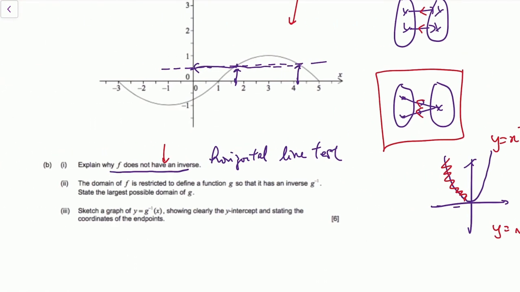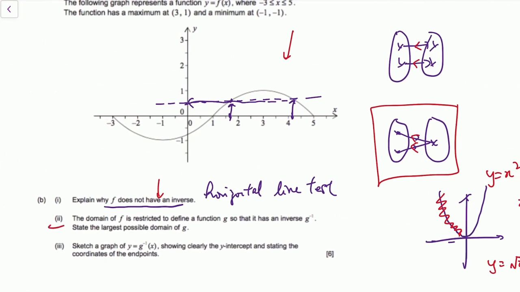So this question is exactly about that. It says the domain of f has to be restricted, and what is the largest possible domain so that f can still have an inverse. So it basically means you want to chop away the least possible so that the function will still be one-to-one.